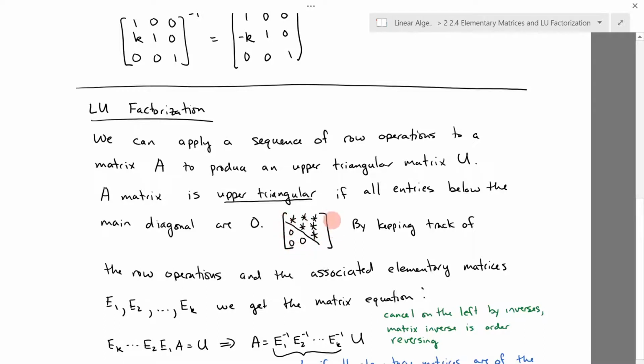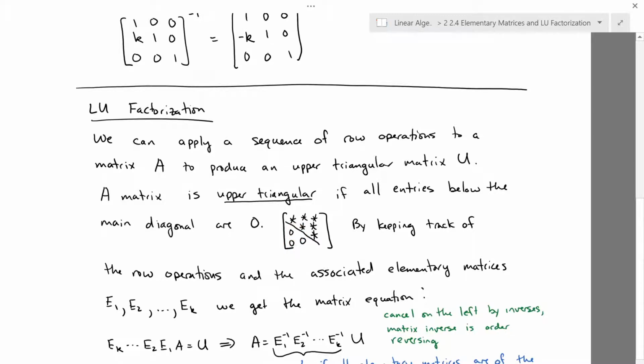So this is an example of a 3 by 3 upper triangular matrix. On the main diagonal and above it you can have anything, but as long as every entry below the main diagonal is zero, it's upper triangular.